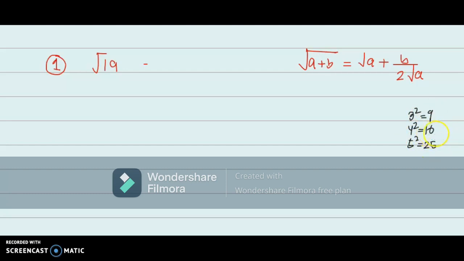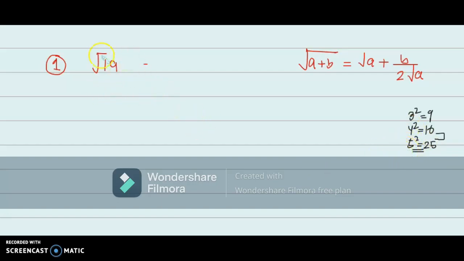So any number lying between 16 and 25 is going to be a non-perfect square. So our answer should be something between 4 and 5. So we are going to learn how to find that.